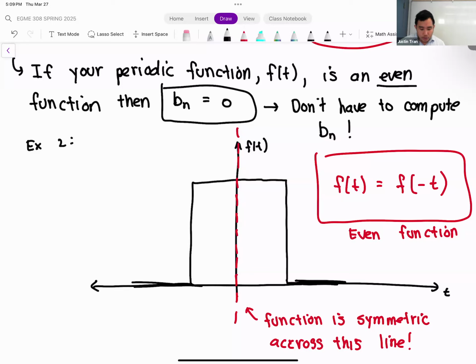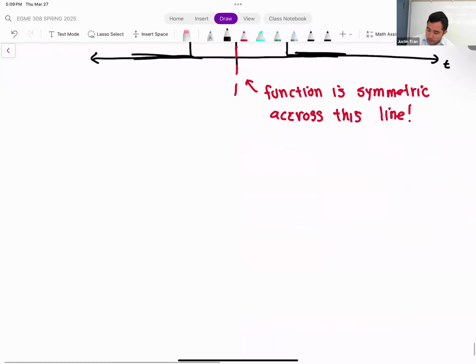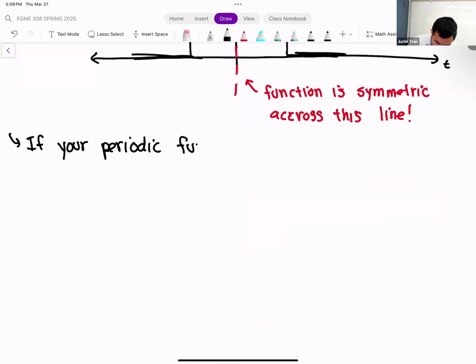Okay. And then of course the opposite is true as well for odd functions. So if your periodic function is odd, so if your input f of t is odd, and we'll see what that looks like visually in a second, then what you can conclude right away is that both a0 and an are going to be equal to 0.